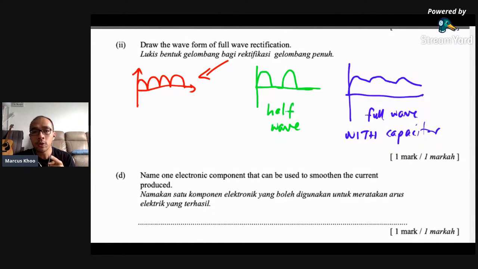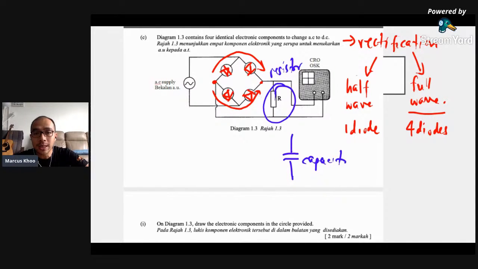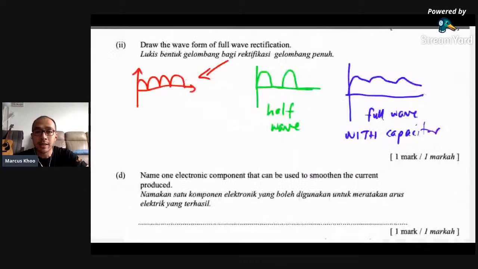Now how do you know when to draw this and when to draw this? You need to look at the circuit. This is not a capacitor; this is a resistor. The symbol for capacitor is like a battery, except that the lines are the same length. If you see this symbol together with this full wave rectification circuit, then this is the graph that you need to draw, blue color.